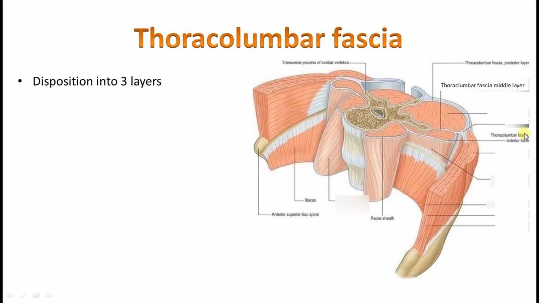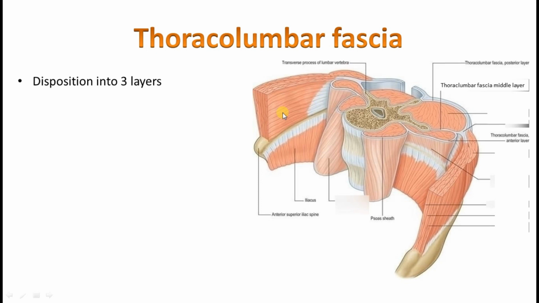Above, it thickens to form the lateral arcuate ligament. Below, it thickens to form the iliolumbar ligament. Medially, it merges with the psoas fascia. Laterally, it fuses with the middle layer of the thoracolumbar fascia and then continues with the fascia transversalis.